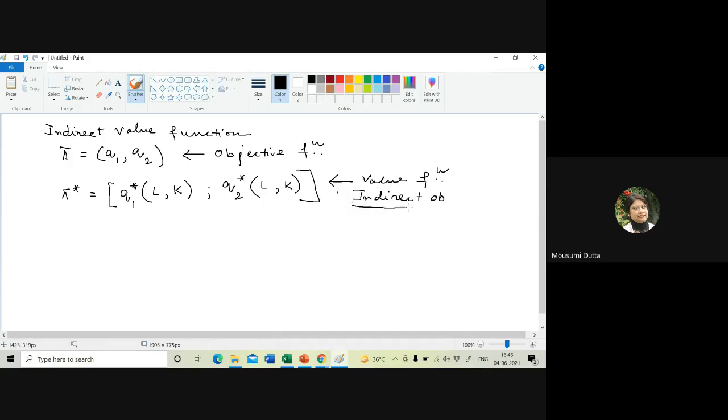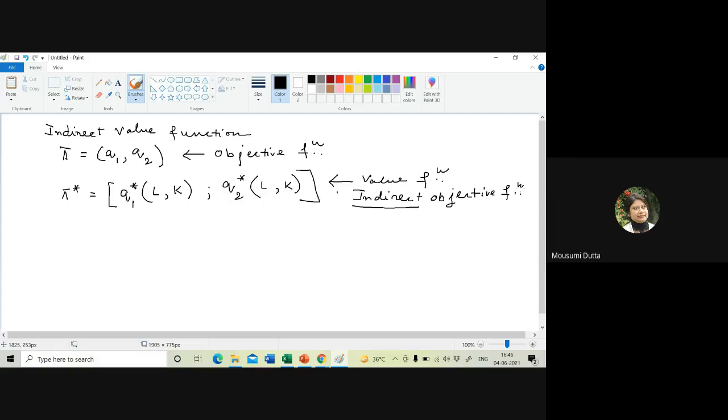This term indirect comes along with the objective function. Now from this indirect objective function, we can generate the input demand function, the output function, etc. So I started with the objective function and reached pi star.